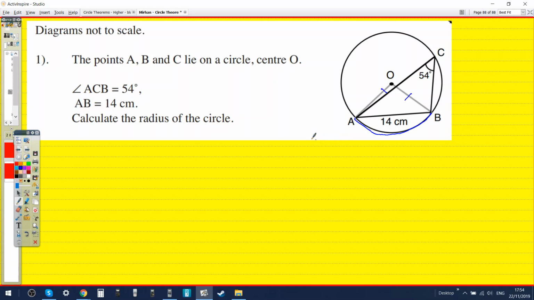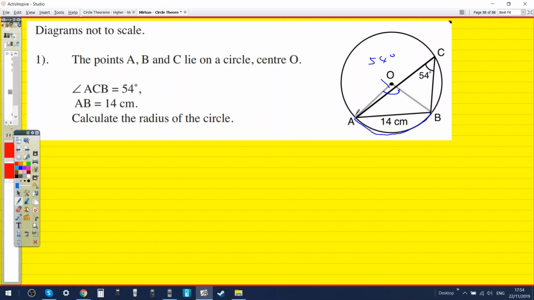So, can you see any angle that would be the same as 54? A by any chance? I believe it'd be O. O matches up with C. So that's 54.